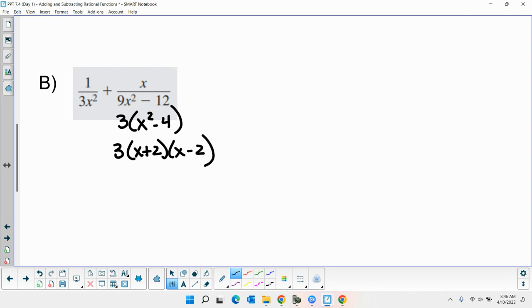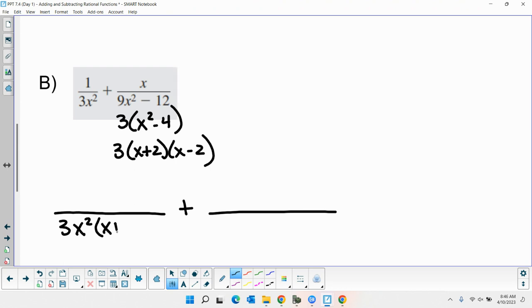Okay. So, my common denominator. What shows up? I see a 3 show up. I see an x squared show up. There's a 3. Do I have to rewrite it again? No. If it shows up, you don't have to write it again.